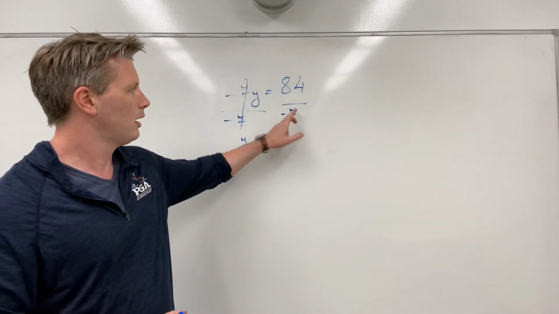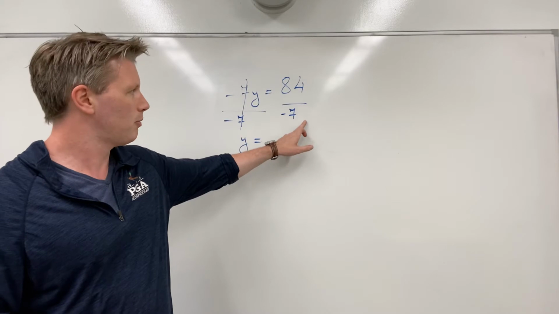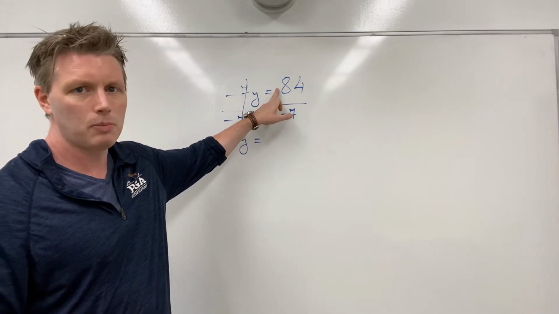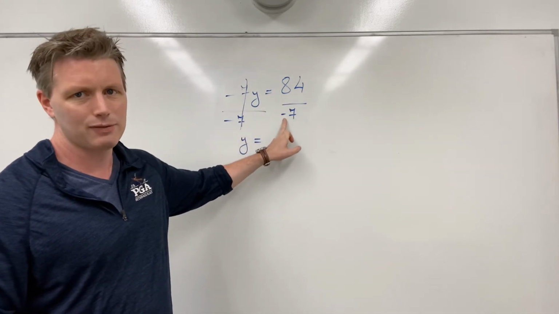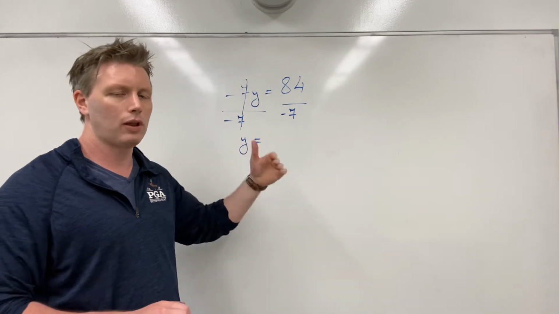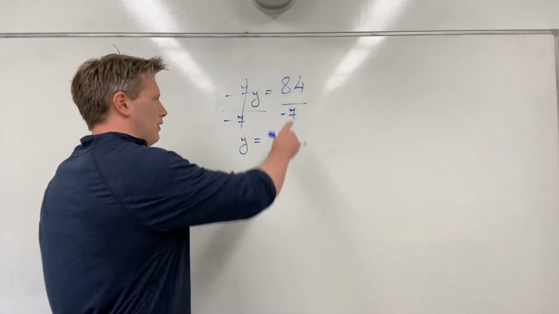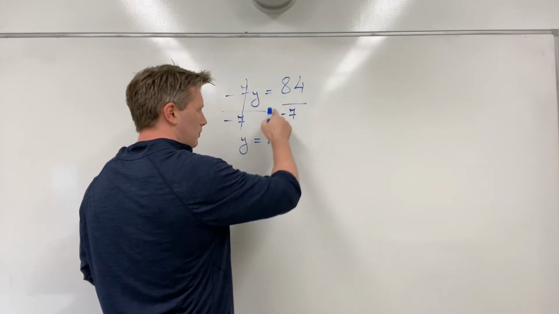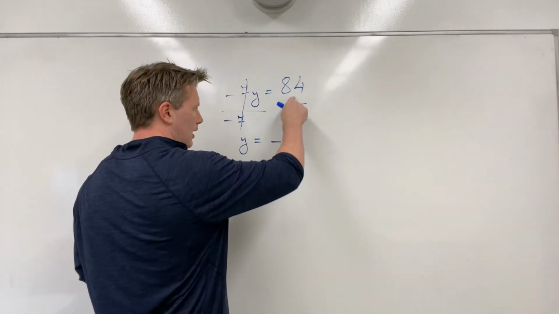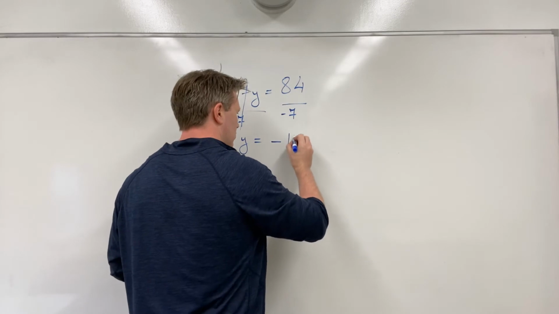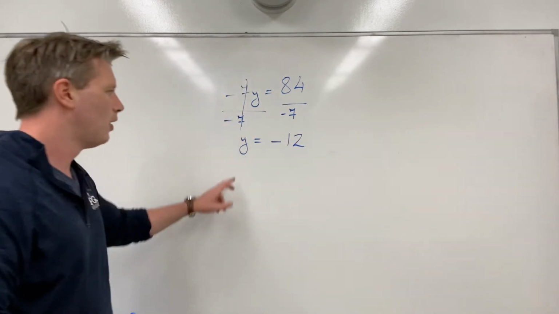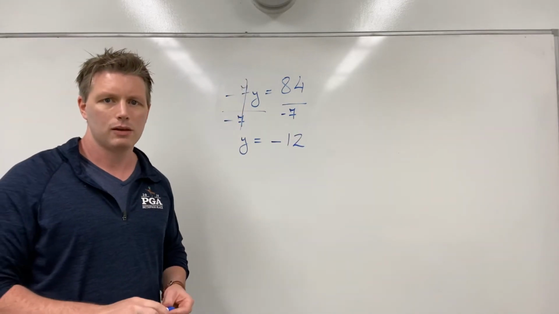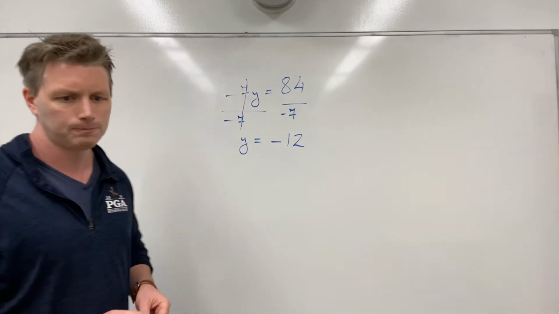And so 84 divided by 7 is 12. But of course, this is a positive number, 84, divided by a negative number, and so overall that is negative. Plus over minus gives me minus. 84 divided by 7 is 12, and so I get y is equal to negative 12 as my answer.